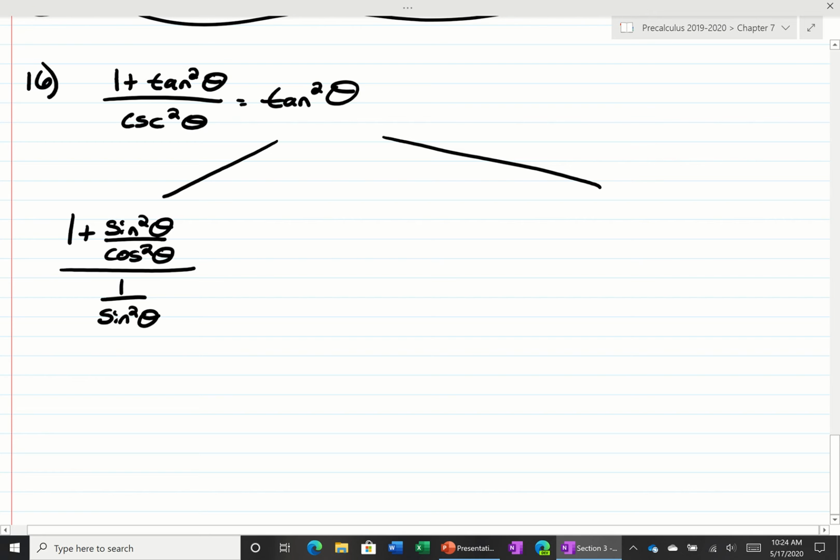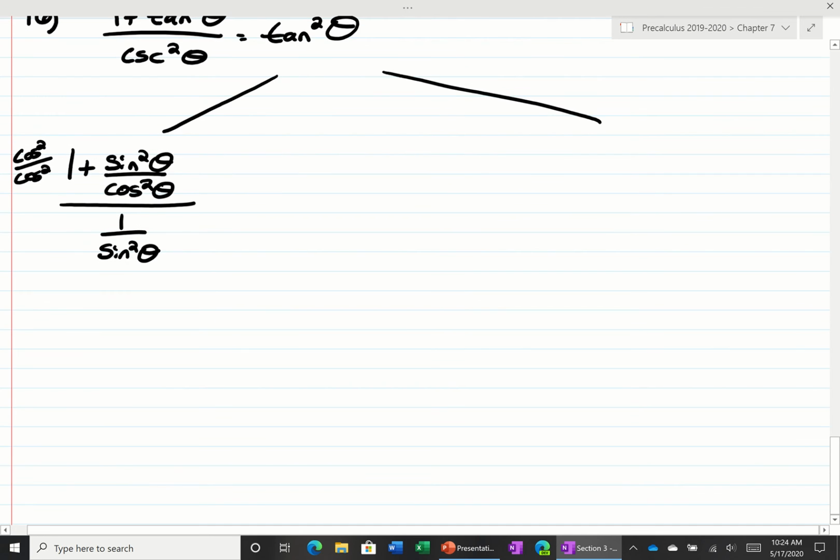So on top, I could see that we need to get a common denominator. We'll need a cosine squared on the 1, so we multiply top and bottom by cosine squared. And we wind up getting cosine squared of theta plus sine squared of theta over the single common denominator. And we're dividing by 1 over sine squared.